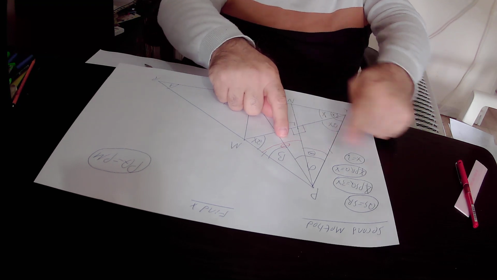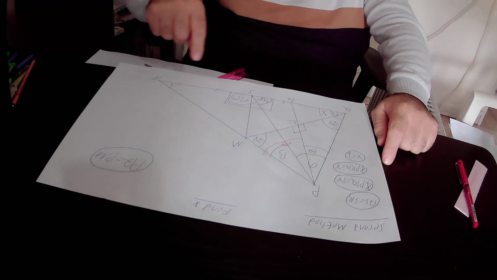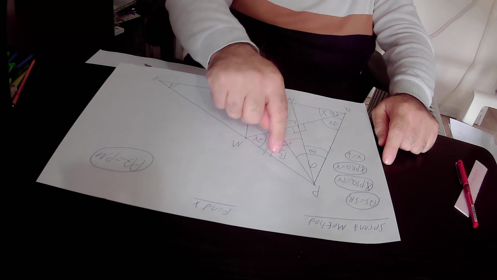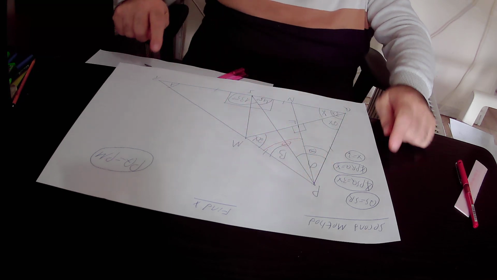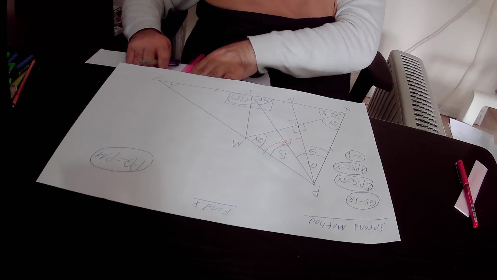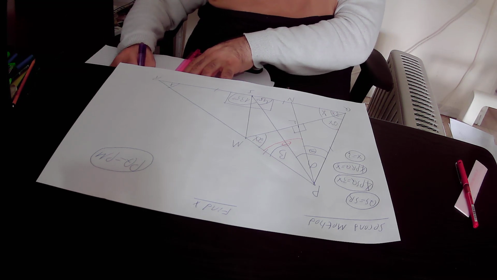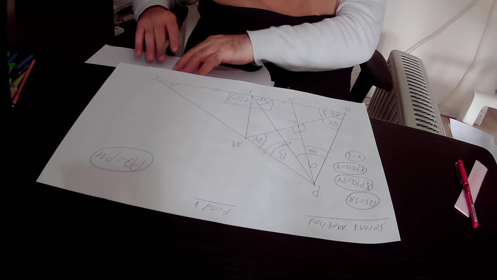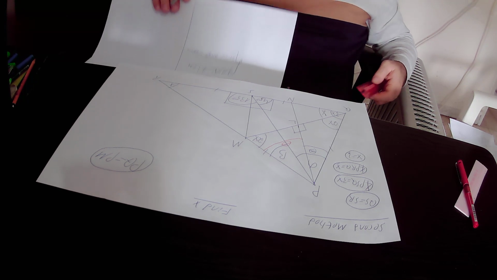Theta plus theta equals angle QPR, and alpha plus beta also equals angle QPR. Therefore, they are equal to each other. So we can write down that theta plus theta equals alpha plus beta. From the drawing, you can see it clearly.